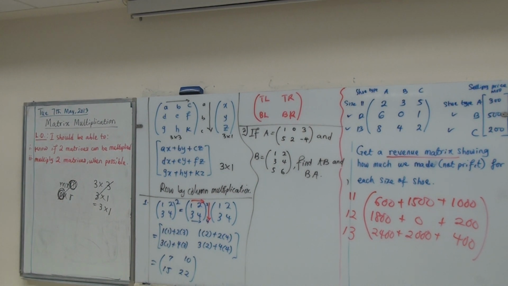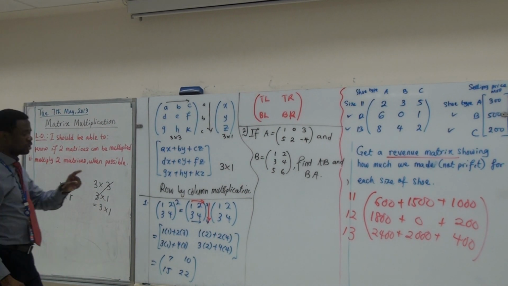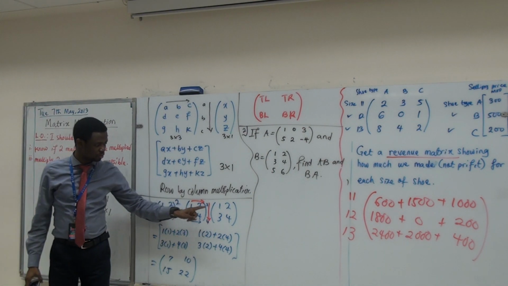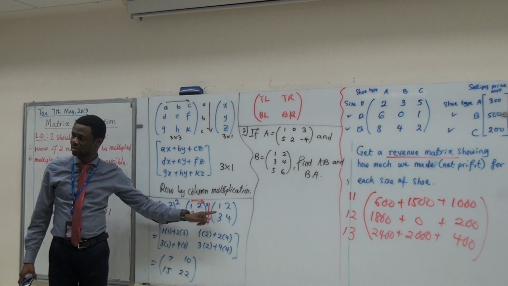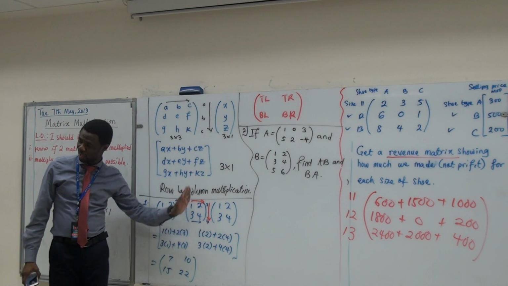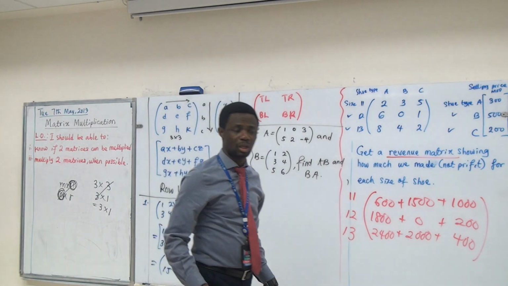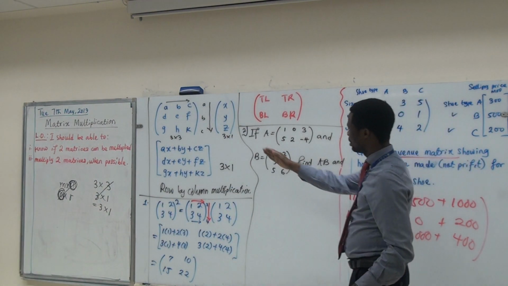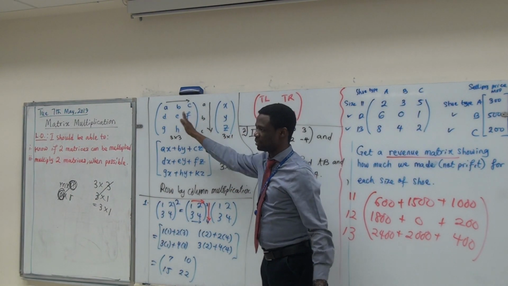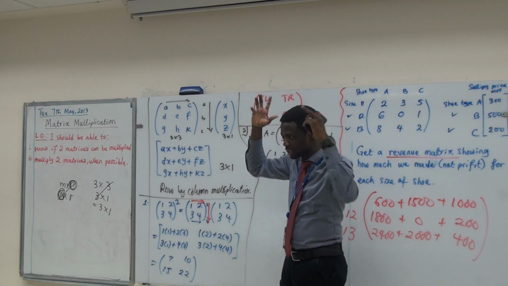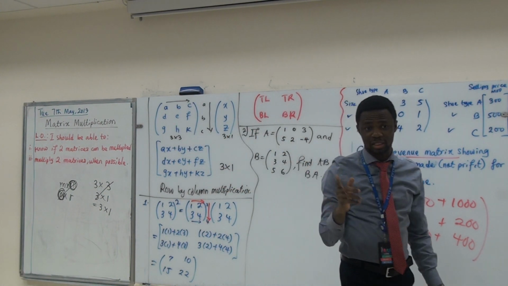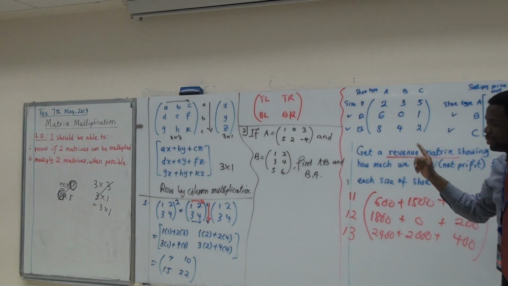Don't think about it in your head. What is the AB? If you really want to learn matrix multiplication, you must learn to write like this first. So you write A, you write B. Otherwise you get things confused. You have to learn to write them like this, beside each other. Does it make sense, everybody? So try AB and BA.